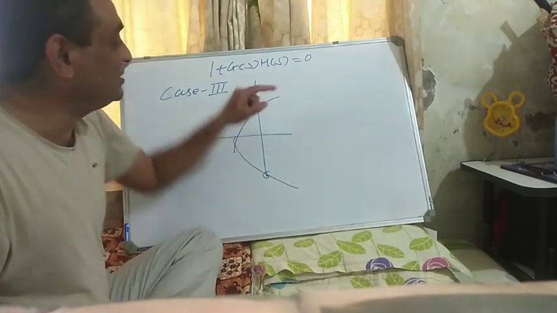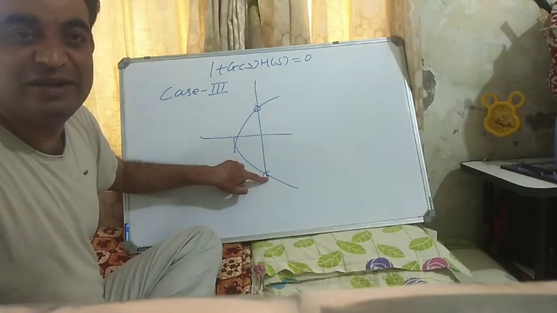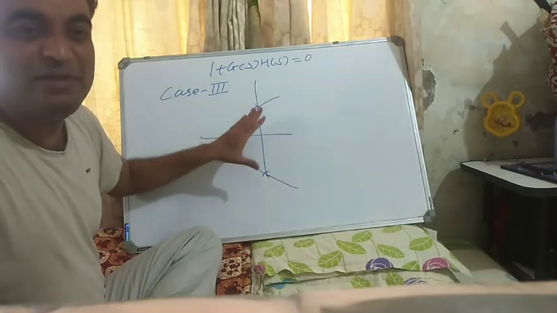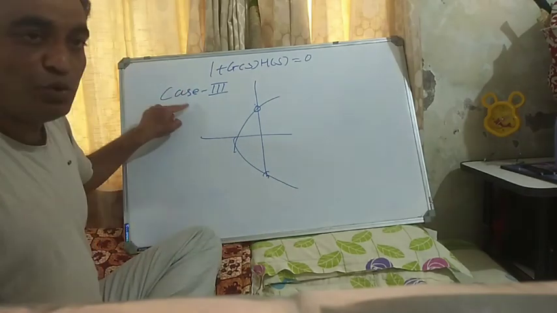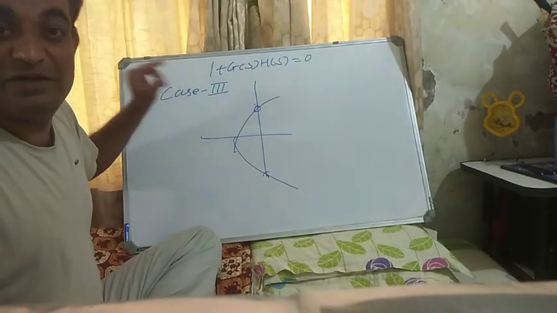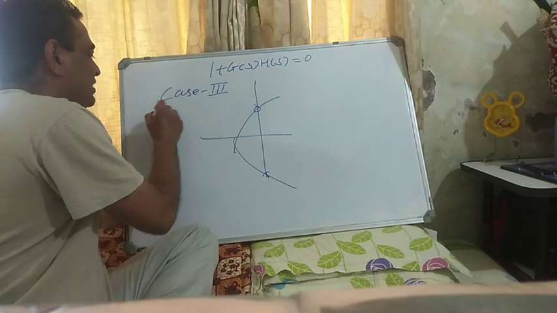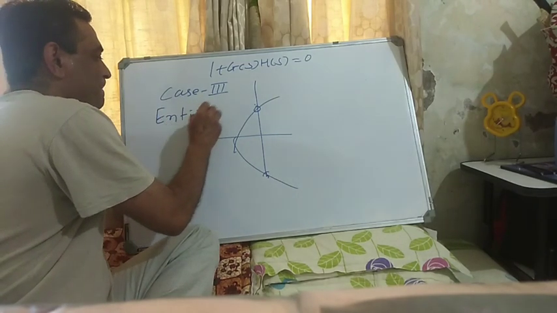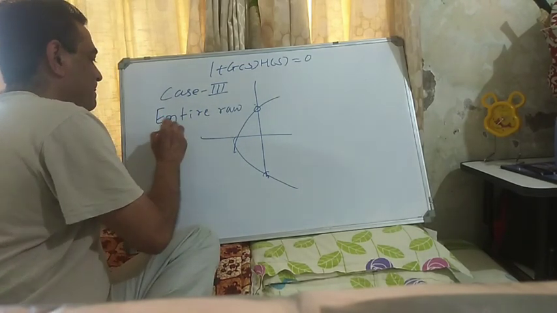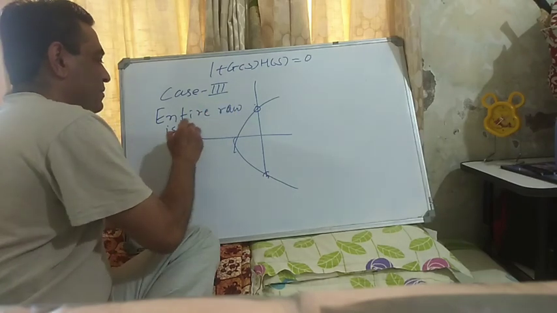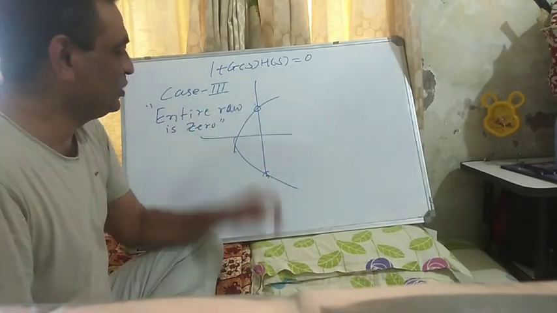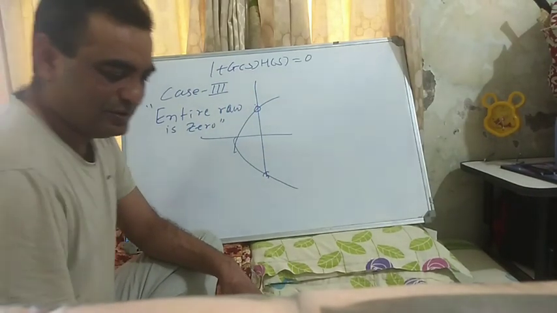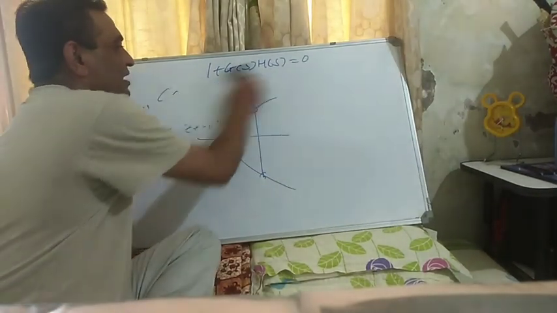It means that there are multiple roots on the imaginary axis, or there can be a pair of roots on the imaginary axis. So we use case number 3 of the Routh table, that is, the entire row is 0, to find these points. Alright, let us understand via an example.